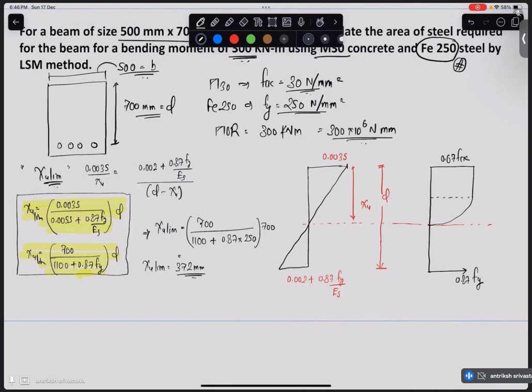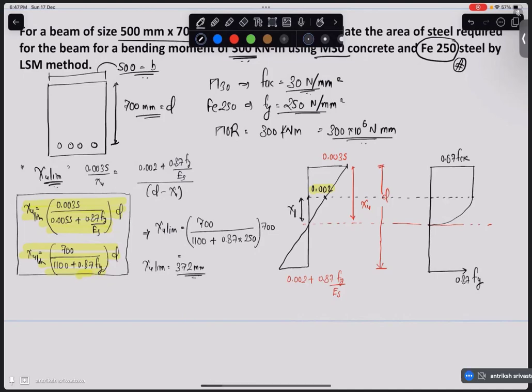And to what distance do we assume it to be rectangle? It is parabola as far as the strain in this strain diagram is less than 0.002. So till this distance, we will call it x1, we have a parabola.